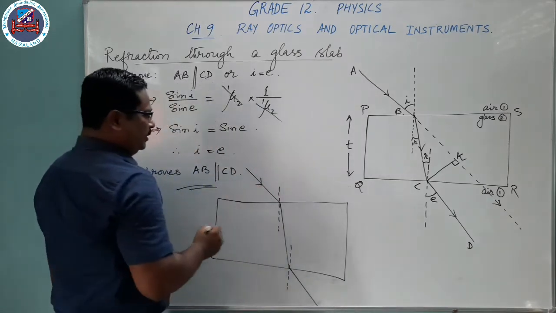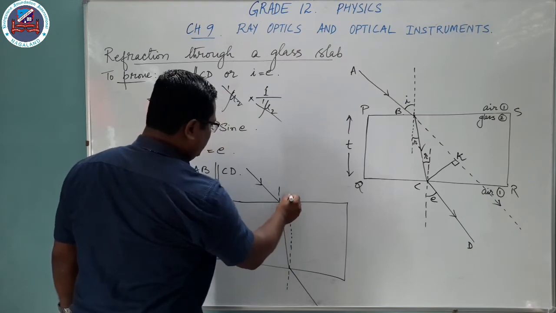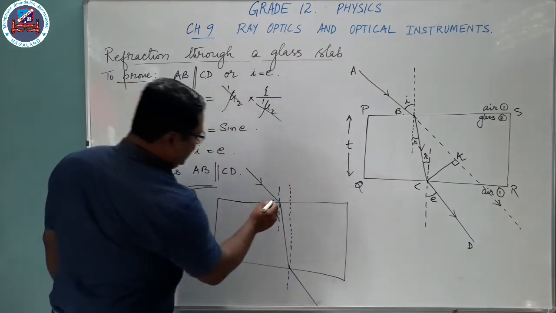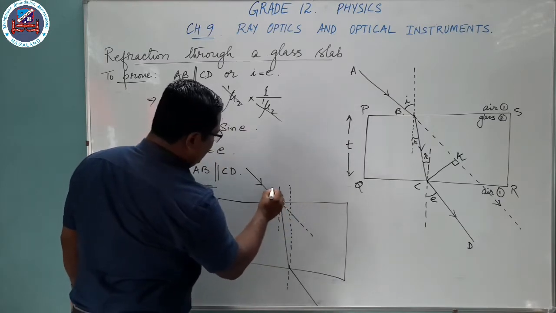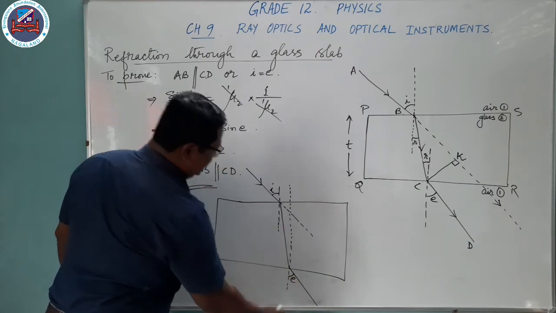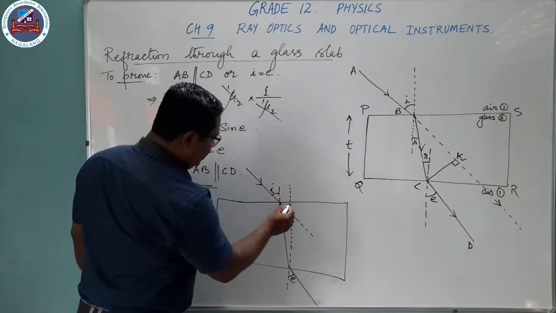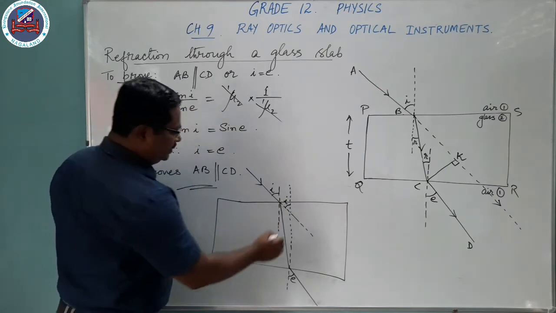This is the incident ray. If you extend this normal, and this incident ray also, if you extend it this way, you can see here this is I. R has nothing to do, we are talking about I and E. These two are corresponding angles. That's why both the angles are angle of incidence.